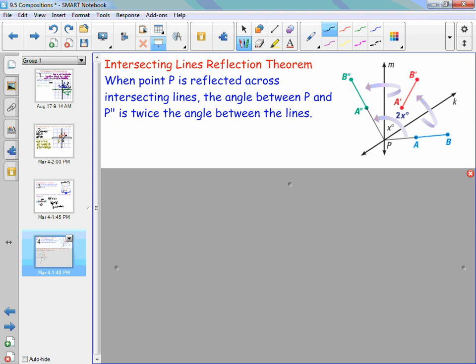This also works with intersecting lines. So the intersecting lines reflection theorem. When you have intersecting lines, they are going to meet here at an angle we call x.